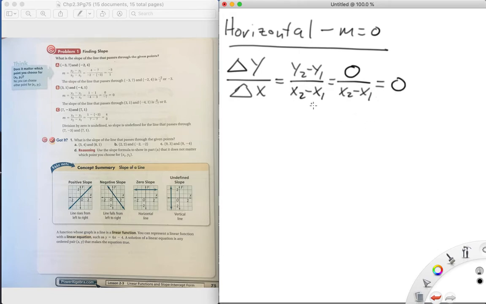So when we have a 0 slope, our slope will be 0 every single time.